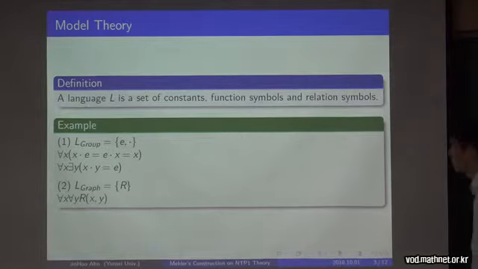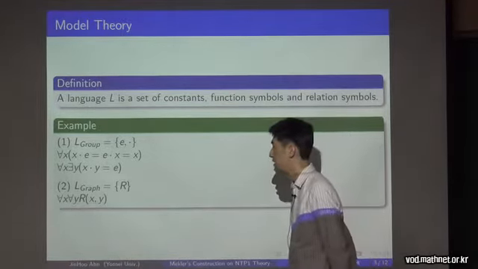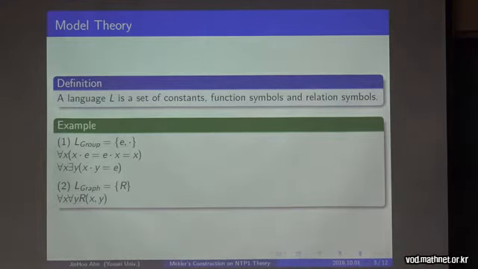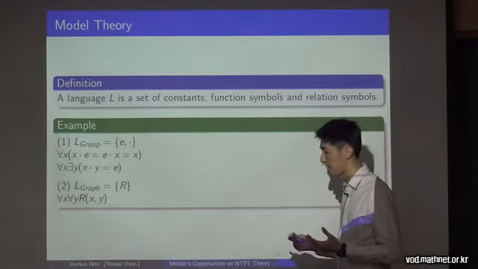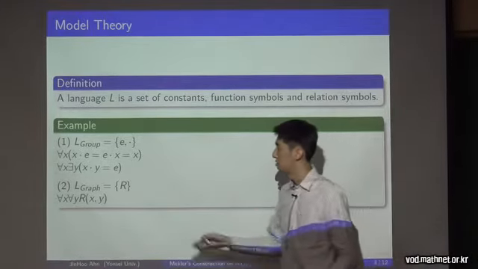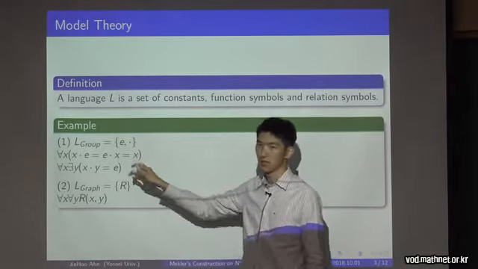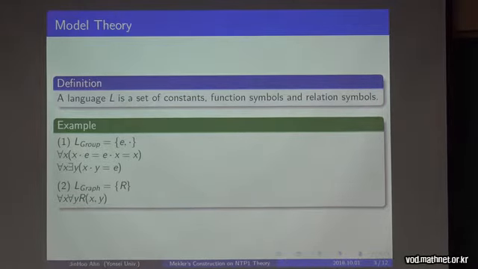The second one: for all x, there exists y such that x times y is E. This means that for any element x, there is a multiplicative inverse. So English sentences can be formalized in this form by only using the language, for all, there exists, etc.